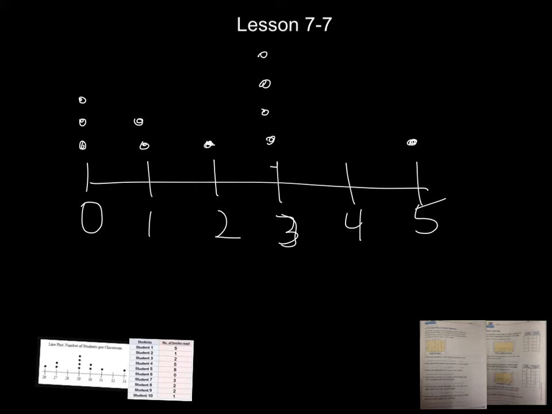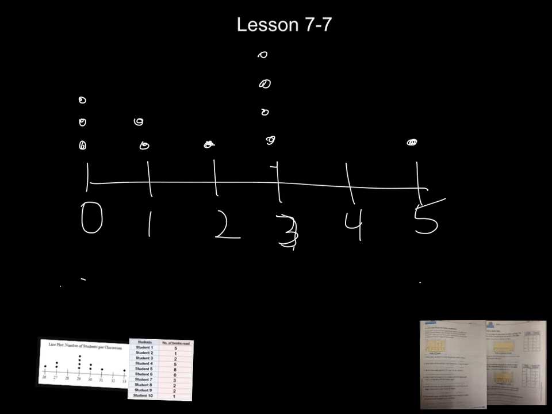By looking at this line plot, I could tell you which one was the most frequent, meaning which of the numbers 0 through 5 happened the most. I can tell just by looking at a line plot, because a line plot goes up and down, so you can just see which one goes the highest.